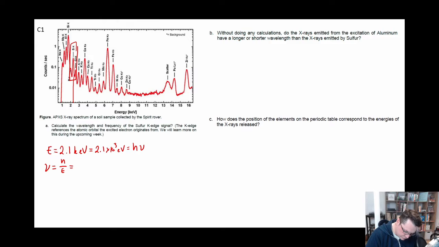That will be 6.626 times 10 to the negative 34 joule seconds. One thing we have to do is convert to joules. We have 2.1 times 10 to the third electron volts, and 1 electron volt is equal to 1.60218 times 10 to the negative 19 joules. Joules cancel, electron volts cancel.